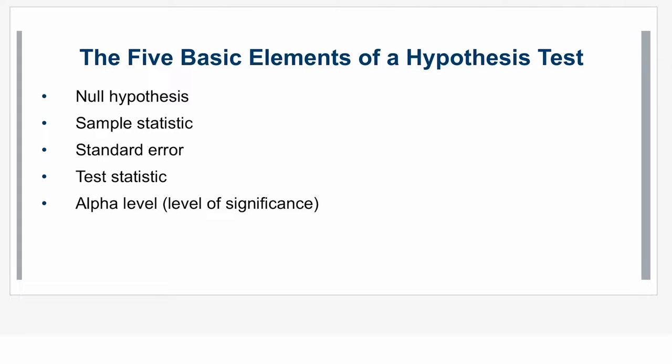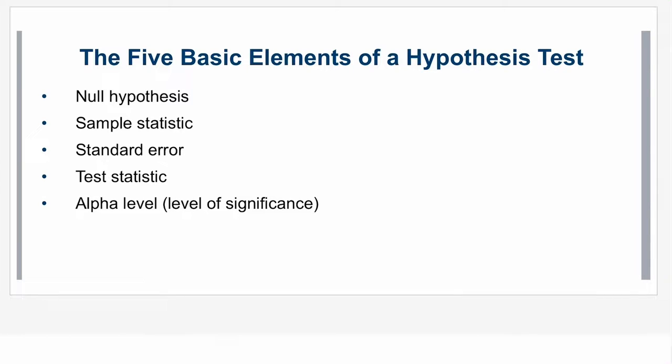It is basically what the population parameters should be if nothing happened: no relationship, no effect, no change. The hypothesis test is basically determining if there's enough evidence to reject this null hypothesis and conclude that yes, there is a difference. Our research hypothesis was correct. So that's the null hypothesis.